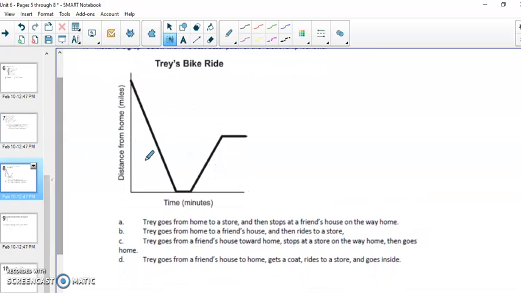This is back to the beginning. We're talking about distance from home. Home would be at the origin. So we're starting somewhere far away. So I'll write like far away. Then we come back home. Then for some reason we stay at home.